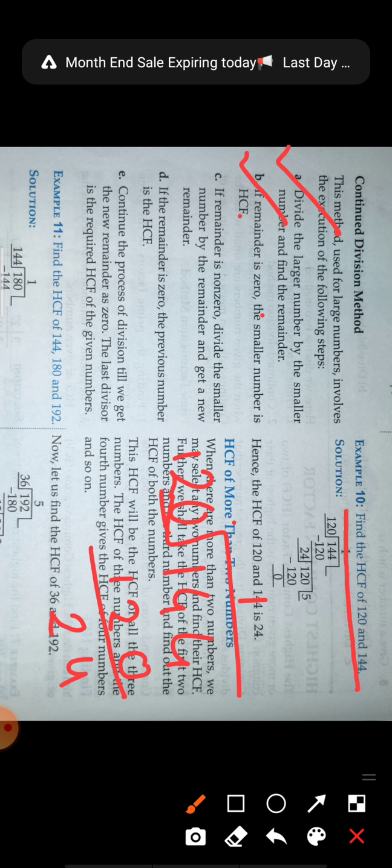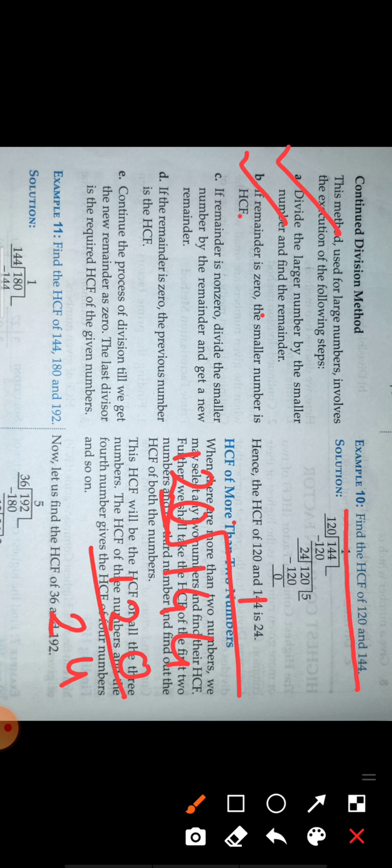If remainder is non-zero, divide the smaller number by the remainder and get a new number. So here again, since our remainder is not 0, we have to divide again. Divide this smaller number by the remainder. So 24, 120. Okay.